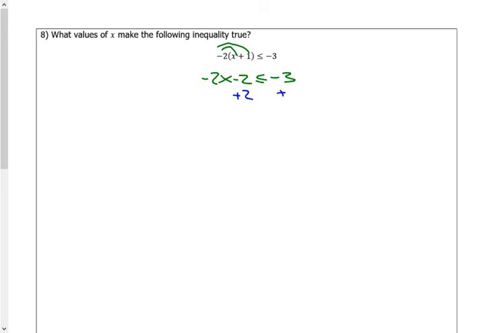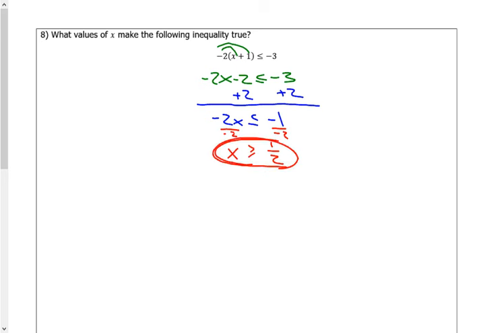Addition property of inequality. And division property of inequality. Now, because I'm going to divide by -2, this side will become 1/2, but my inequality sign will flip around. And there's my solution.